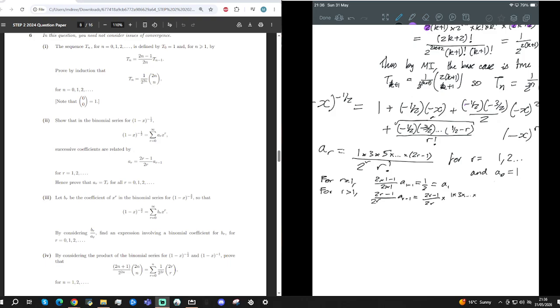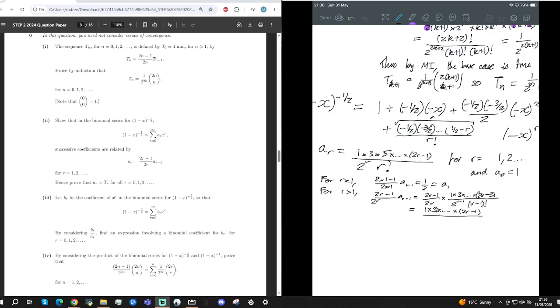Now, this is r minus 1, so I'm putting r minus 1 in here. So that's 2r minus 3 over 2 to the r minus 1 factorial, which gives me all of the nonsense now up to 2r minus 1.